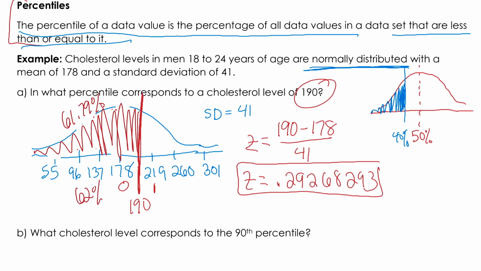If this is about 62% on this side, then this side would be about 38%. So we can say about 38% have a cholesterol above 190, because that would be the blue part here to the right of 190.